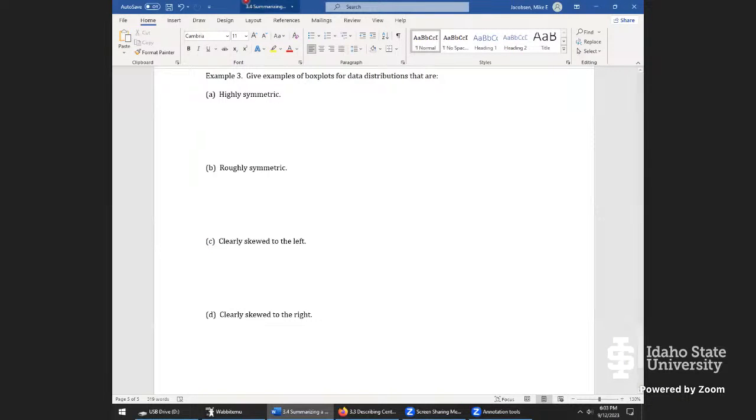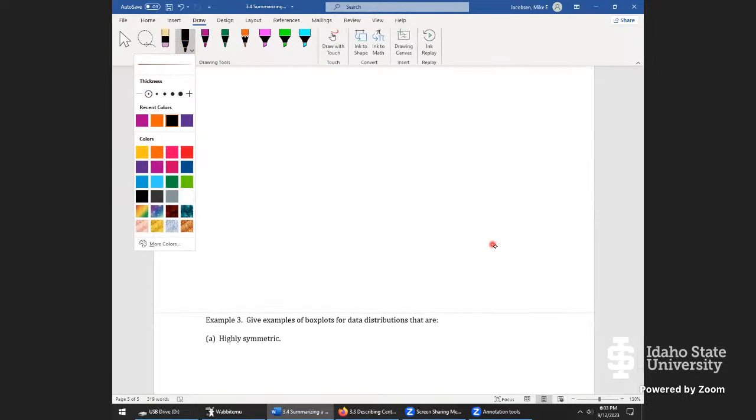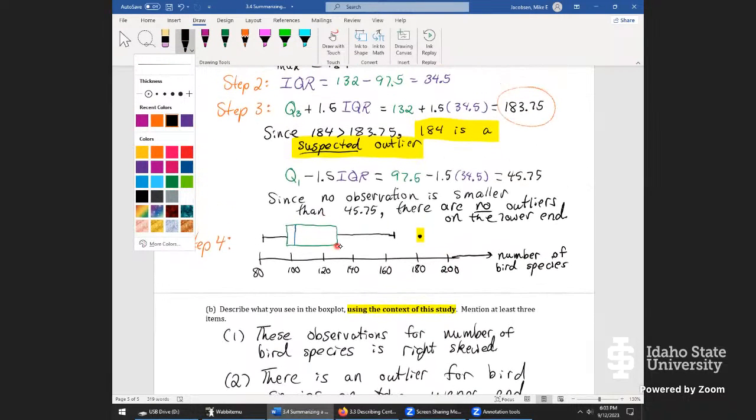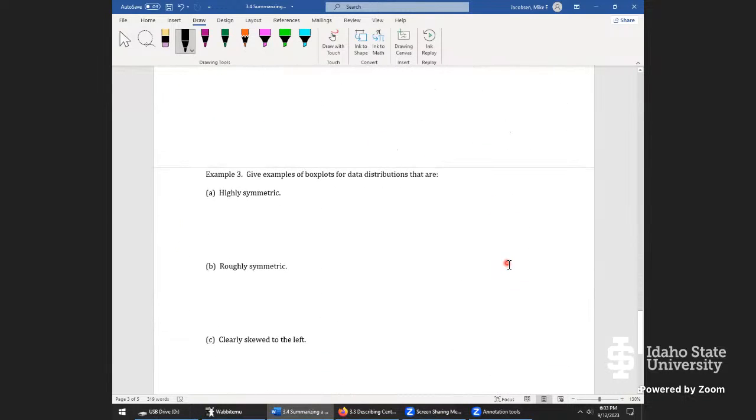Well, first, let's try for high symmetry. What I'm going to do is put down a box plot like the ones we've seen right around here, but I'm going to focus just on the box part, less about the scale. So something that's highly symmetric ought to look about like this.